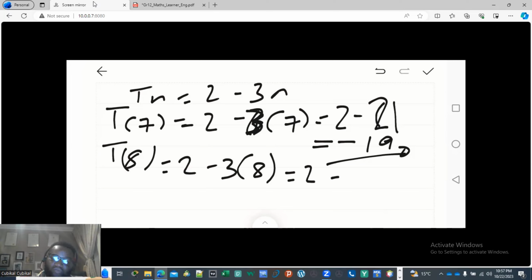So it's 2 minus 24, which is going to give you a negative 22. And as you can see, a negative 22 minus a negative 19 is going to give you a negative 3, because it's going to be negative 22 plus a 19.